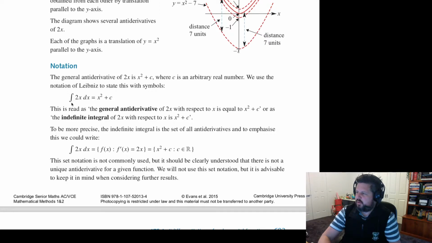So it says the general antiderivative of 2x with respect to x is equal to x squared plus c. Another way they might refer to this is the indefinite integral of 2x with respect to x being equal to x squared plus c. So if you're asked for the general antiderivative or the indefinite integral, this is the sort of notation that you're going to be using.